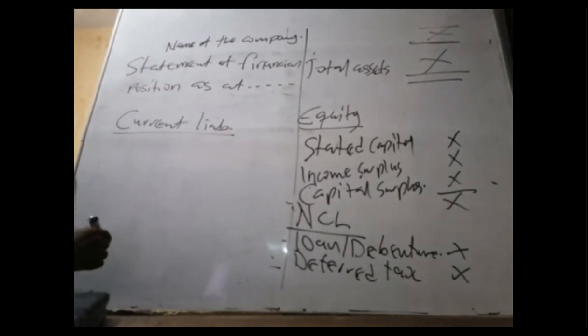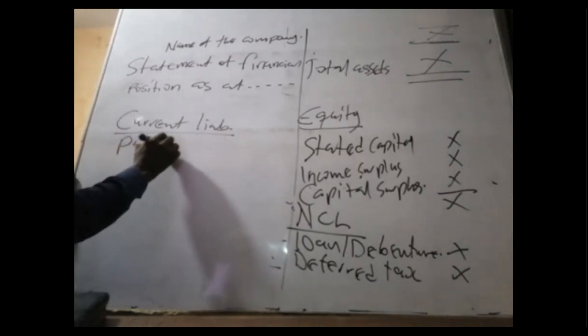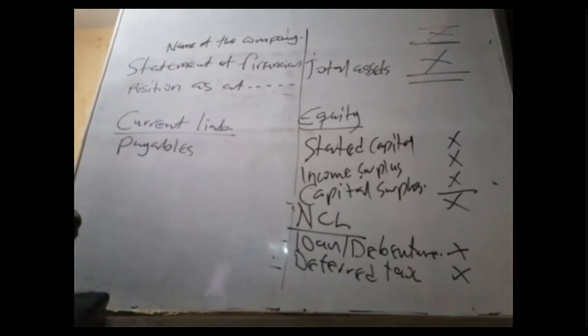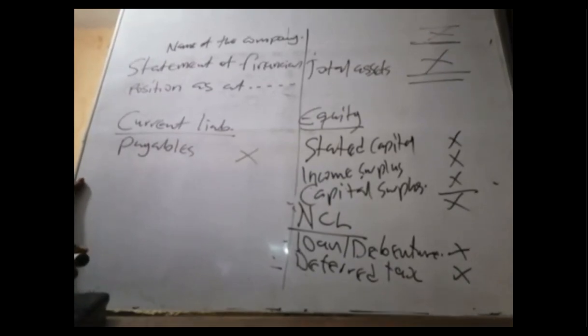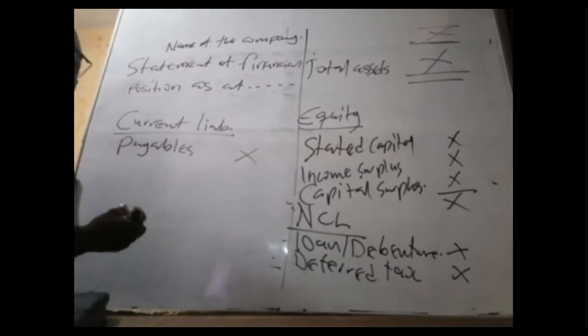Current liabilities, made up of what? Number one, your payables, which is the same as what? Creditors, right? Trade payables or accounts payable. Any of them will do.